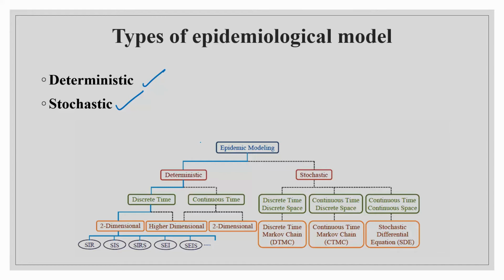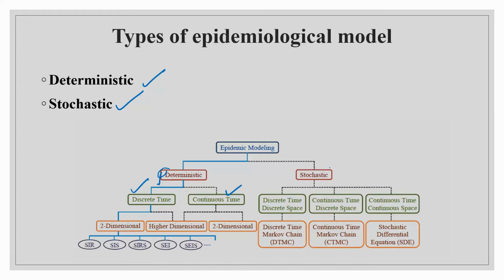Now let's see the types of epidemiological models. Broadly speaking, there are two types, deterministic and stochastic. If you see this figure, the deterministic type is again broken down into discrete time and continuous time. Discrete time models can be formulated by difference equations and continuous time models by differential equations.